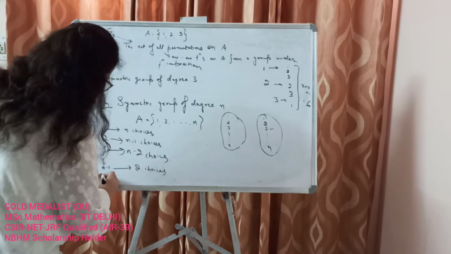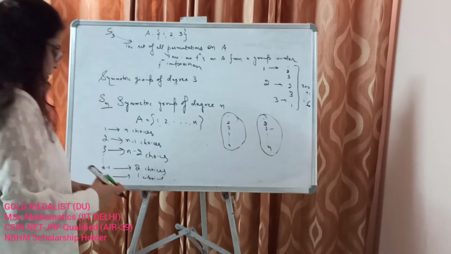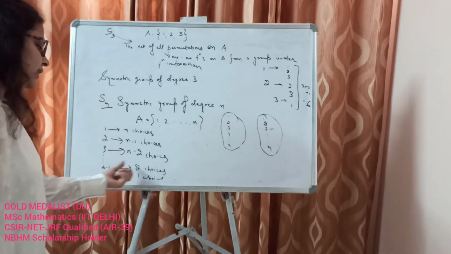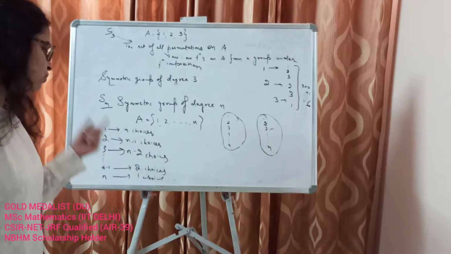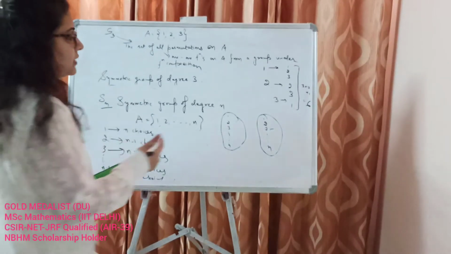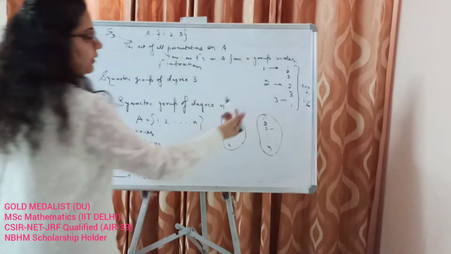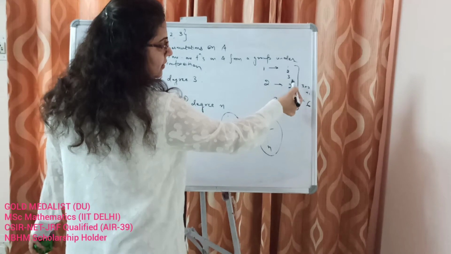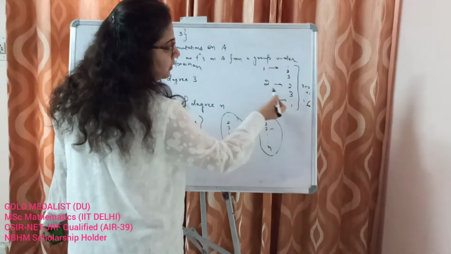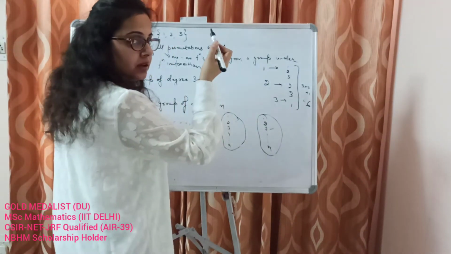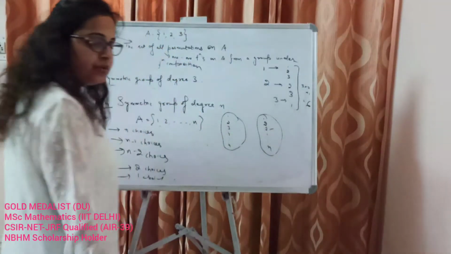At the end you will have only 1 choice left, because after the n minus 1th element takes 1 element out of the 2 choices, only 1 element is left. The same we saw in the set 1, 2, 3 where n was 3. 1 had 3 choices, 2 had 2 choices. The third element is left with, because 2 has already taken the remaining 1 element out of the 2 elements, so 3 has only 1 choice.